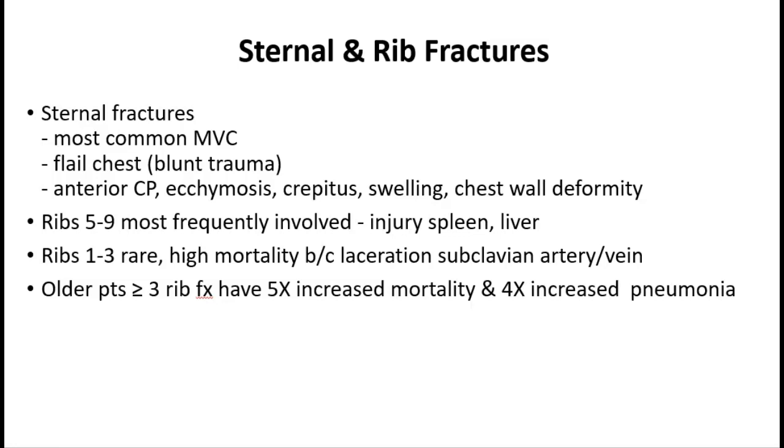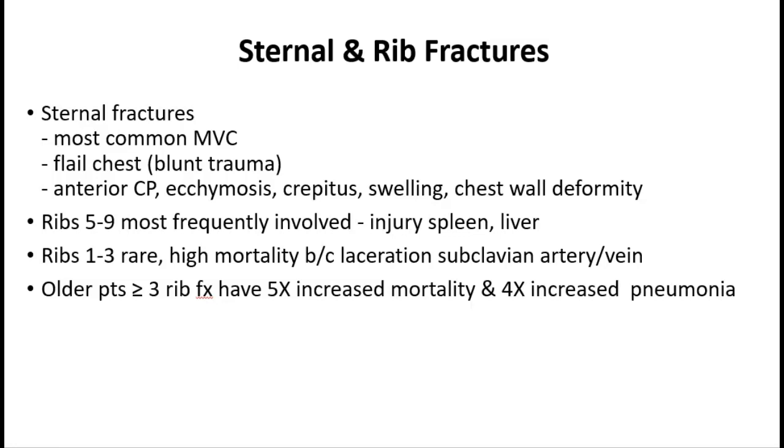So some of the complications from our rib fractures really is pneumonia. I mean, outside of the initial life threats, but they tend to get pneumonia because this is very, very painful. And if that's the case, people tend not to breathe as deep, which leads to atelectasis, and then of course the bacteria come, and a person dies of atelectasis and pneumonia.